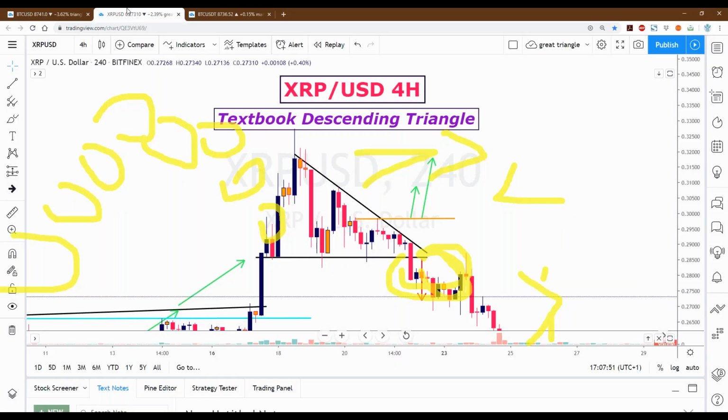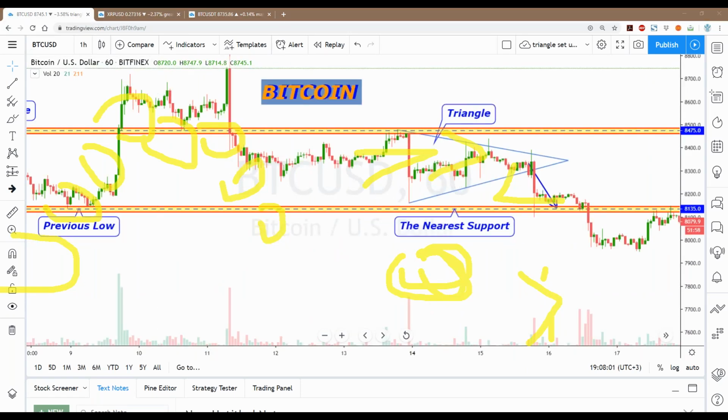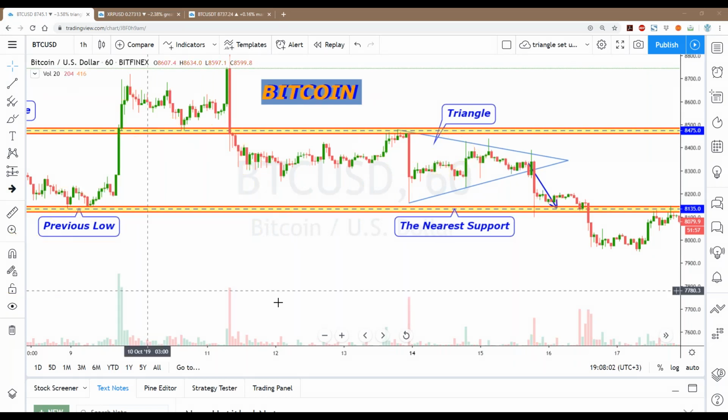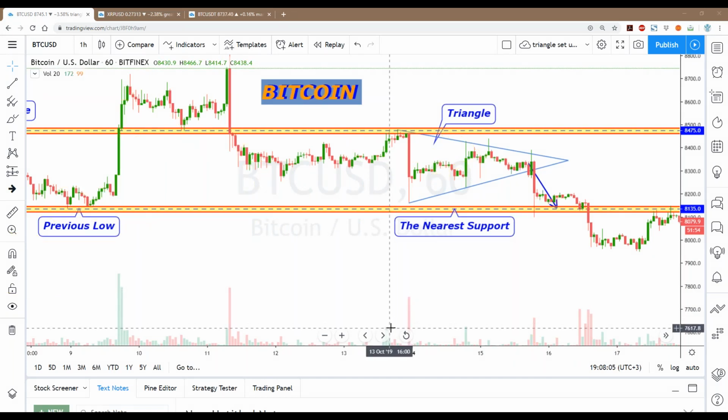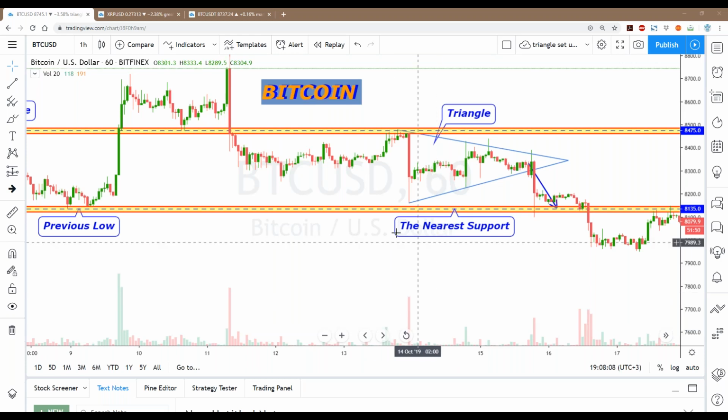Now, if you stop to think about this classification, here is a textbook descending triangle. Absolutely beautiful formation. And here we have a beautiful symmetrical triangle, but they don't always form with the exact angles.